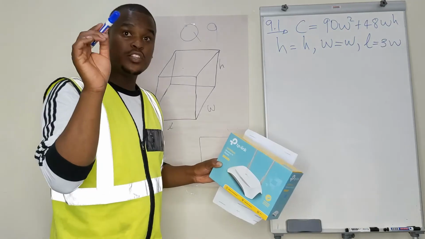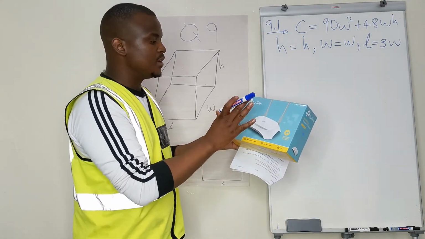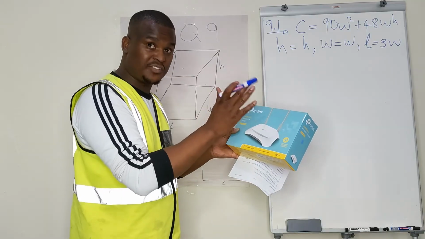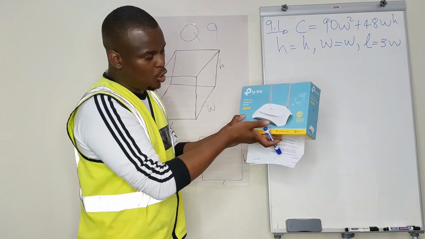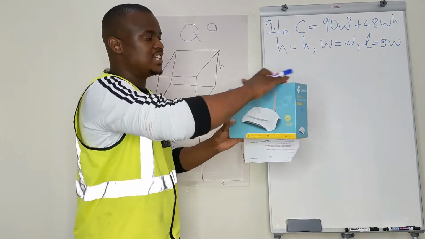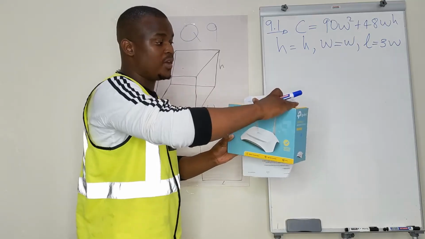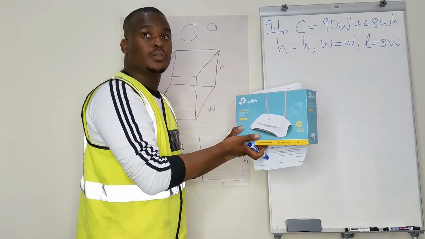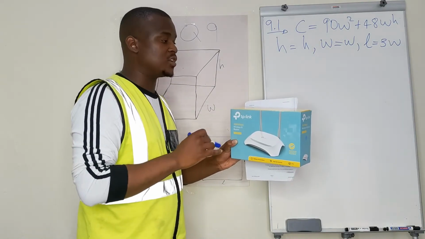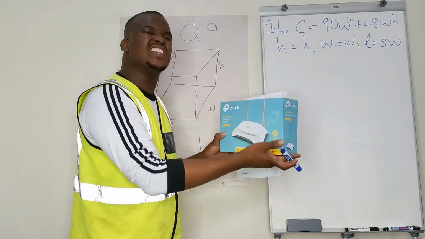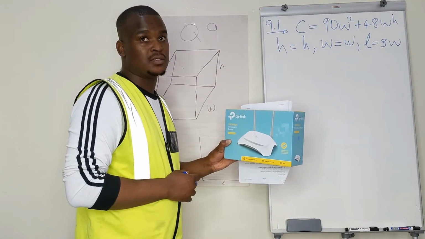Once you have it, you know that to build the base and the top costs 15 rand per square meter. Once you have the area of the top and the area of the bottom, you multiply by the 15 rand, because each square meter of the area will cost 15 rand to build.